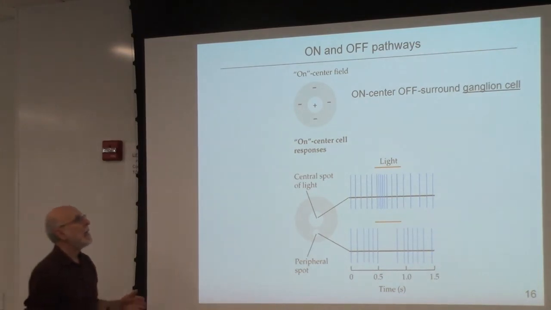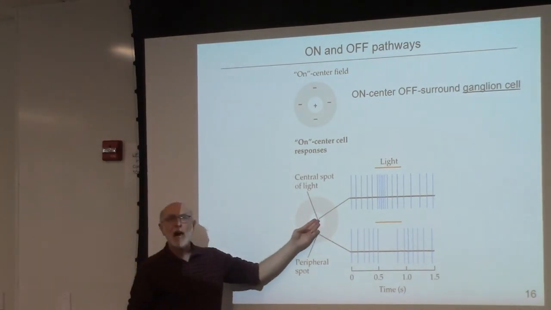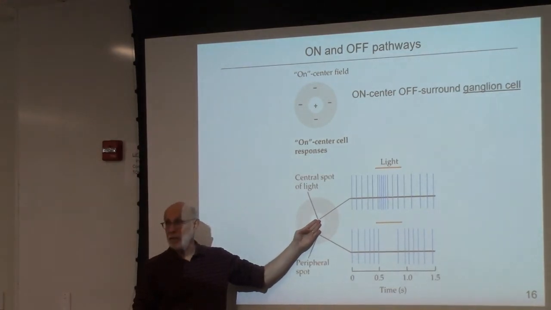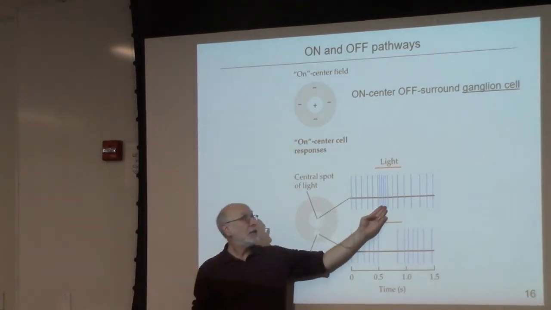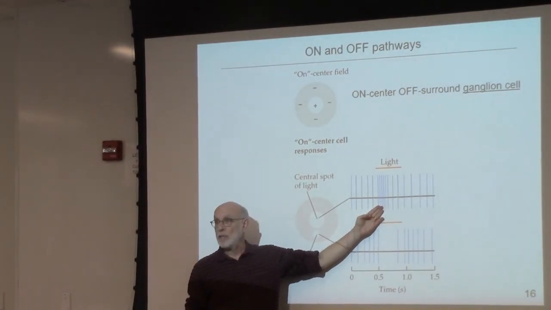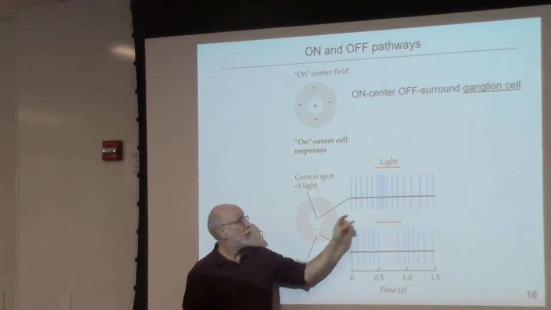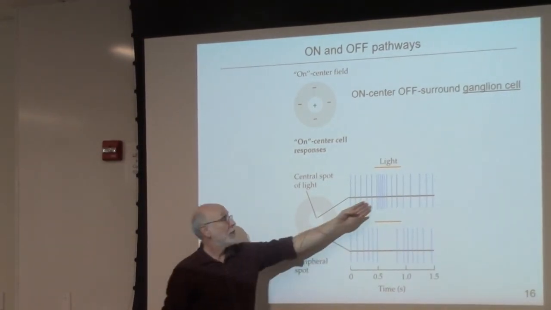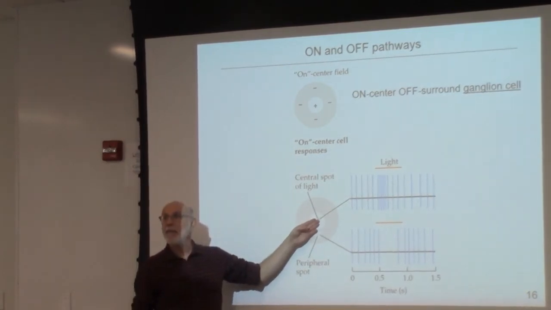What does that mean? It means that when light is shined on the center of that ganglion cell's receptive field, we get an increase in the frequency of action potentials. That's what this is supposed to illustrate. This is action potentials, and this is an increase in the frequency of action potentials in response to light on the center.